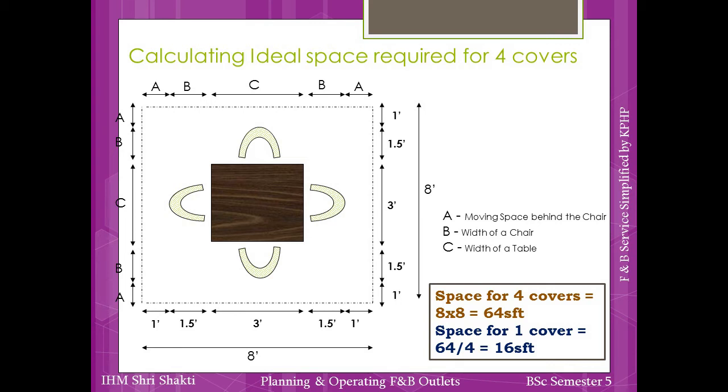And a bar is going to be different. So depending on the situation, these may change, but in general for dining areas or dining restaurants, this is a quite reasonable and acceptable space required for 1 cover, which is 16 square feet.